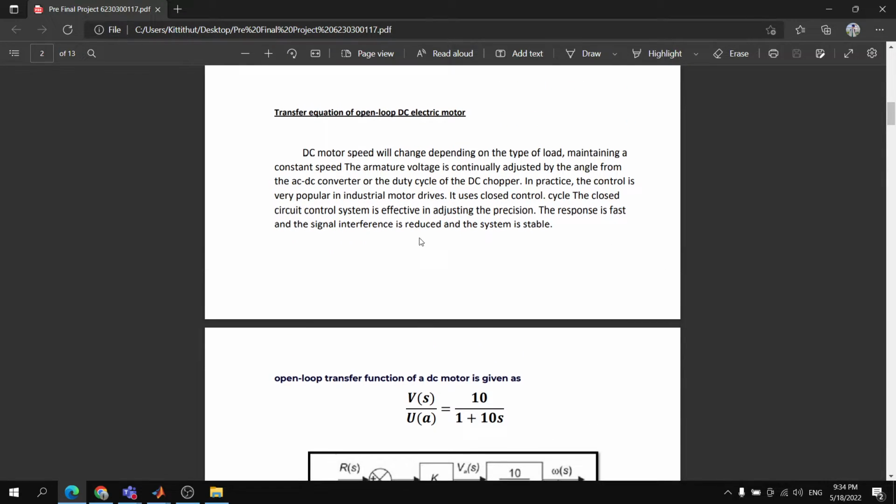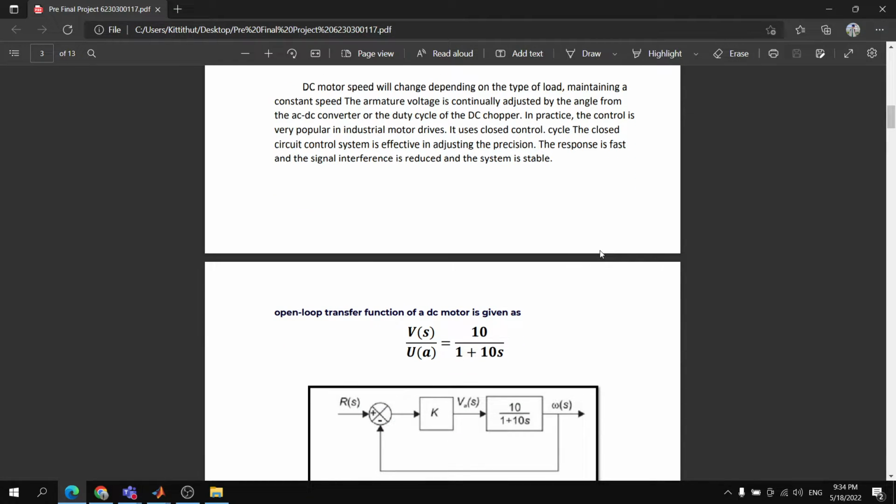A DC motor speed will change depending on the type of load, so maintaining a constant speed is needed. The measured voltage is continually adjusted by the angle from the AC-DC converter or the duty cycle of the DC chopper. In practice, this control is very popular in industrial motor drives.